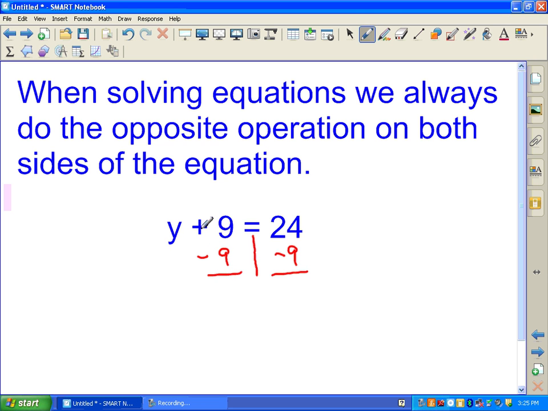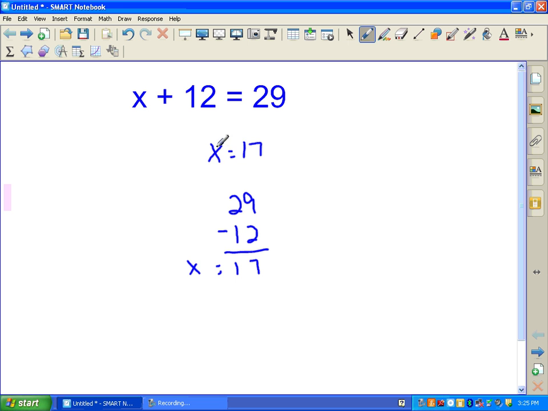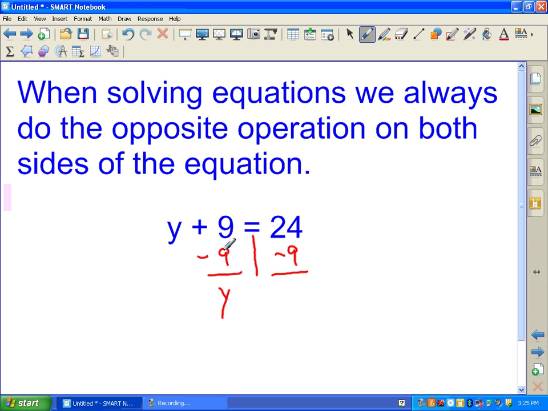And so all I have left on the left-hand side is my y, which is what I wanted. We always said in chapter 1, we always wrote our answers as the variable equals the number. Well, this is why, because if you do the opposite, it gets rid of this, and it leaves you with just your y there. And then on this side, I can just subtract, and 24 minus 9 is 15.